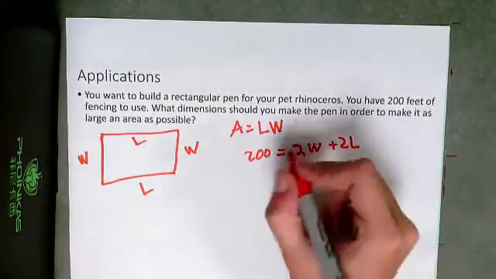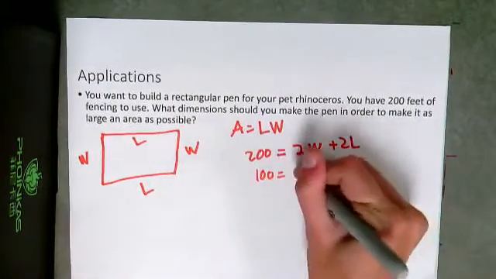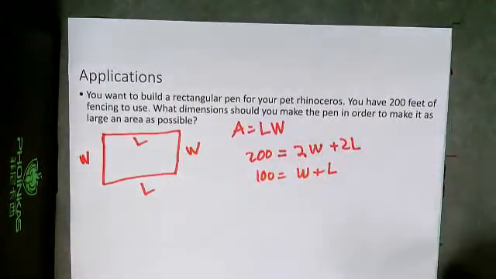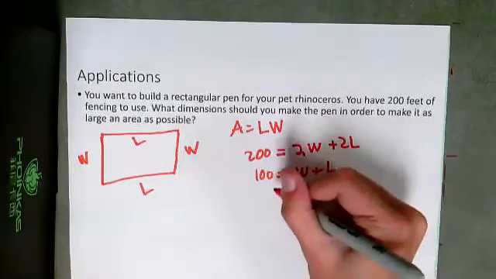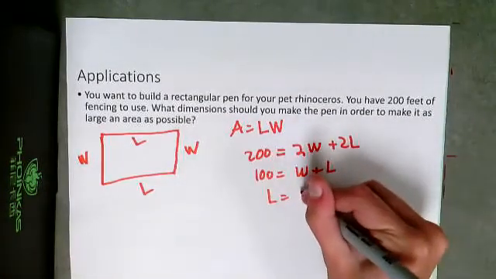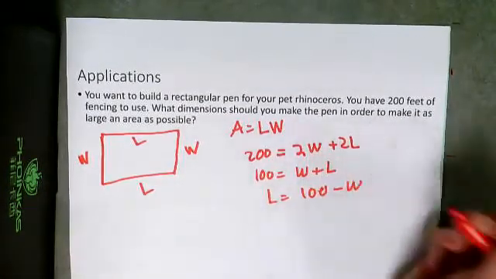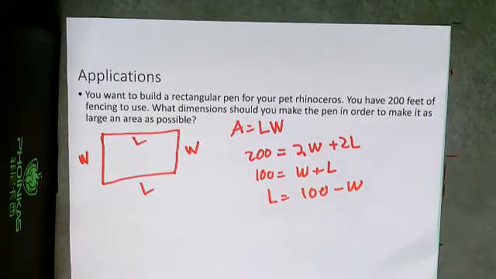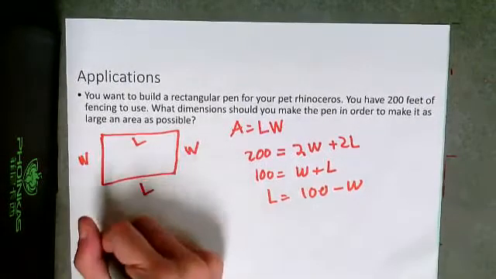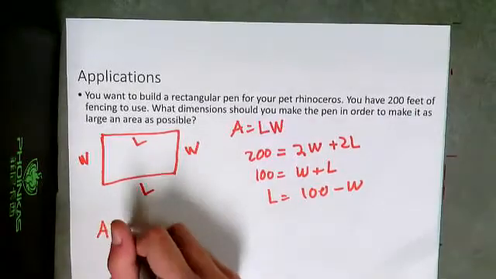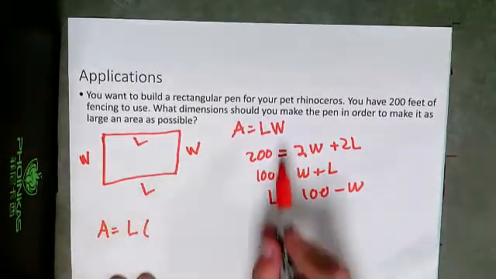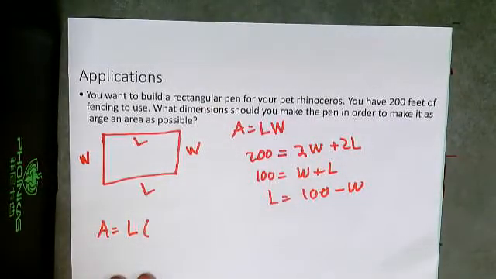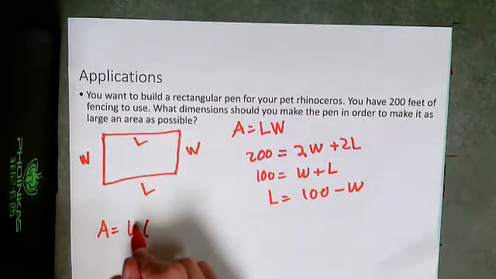If we divide by 2 across the board, we get 100 is equal to width plus length. It doesn't matter which one you solve for. I'm going to solve for length. Length is equal to 100 minus W.